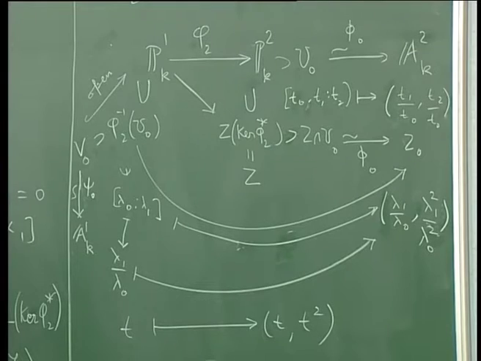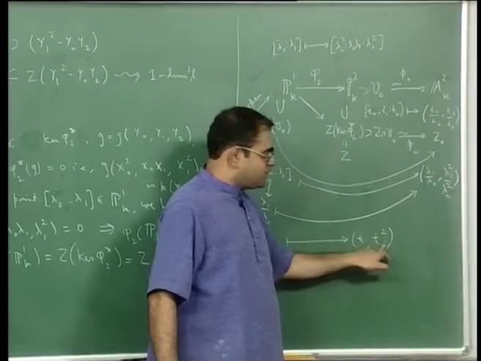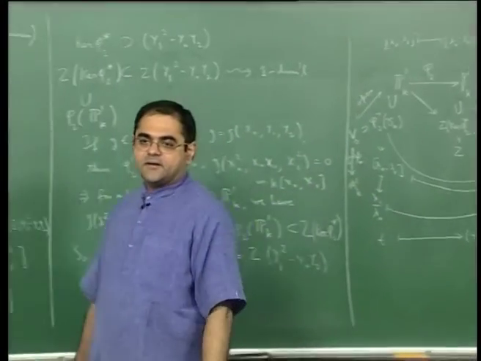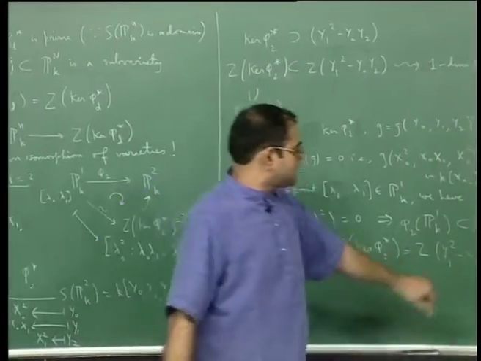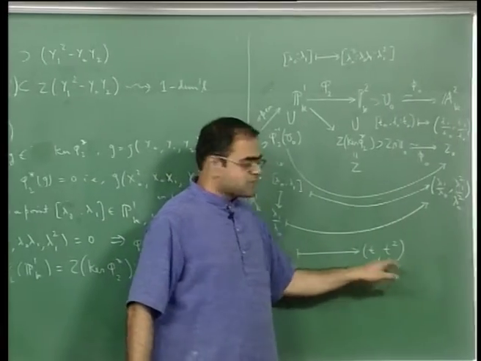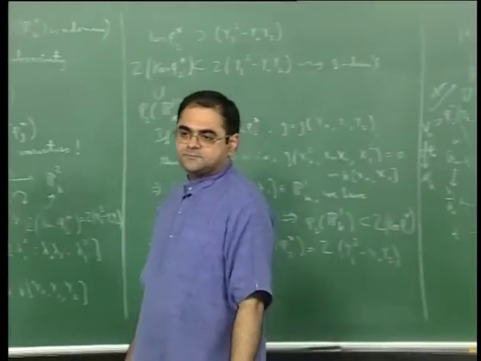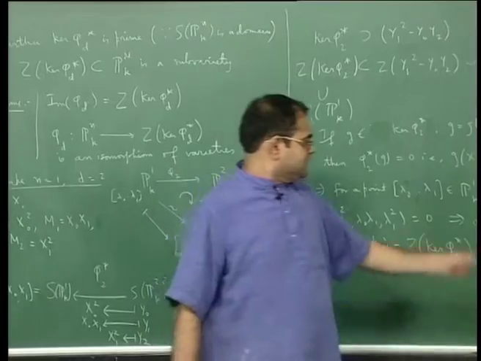Isn't that a morphism? That is a morphism because projection on each coordinate gives me a regular function. Projection on the first coordinate gives me identity, projection on the second coordinate gives me t squared. So this is a regular function.